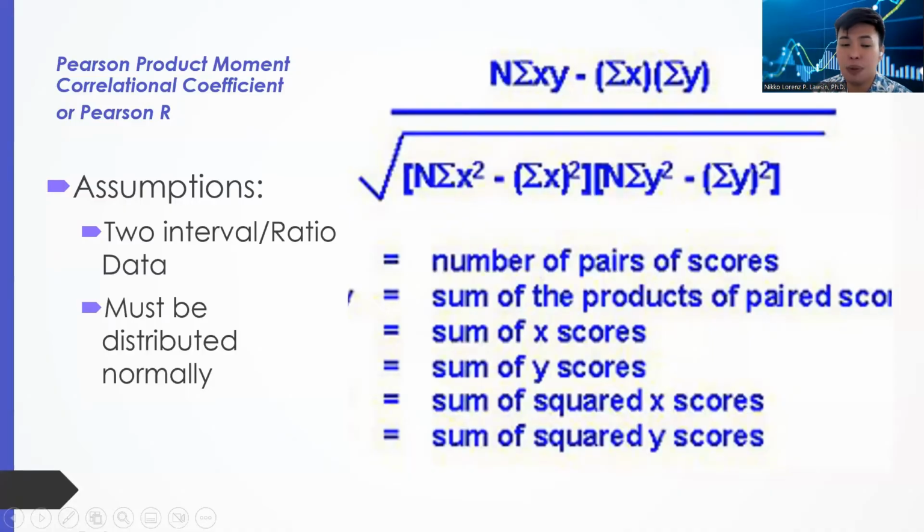Let's start first with the Pearson R. The complete name of Pearson R is Pearson Product Moment Correlation Coefficient, or simply Pearson R. It is composed of this long formula. You have summation of xy minus summation of x times summation of y, all over the square root of n summation of x squared minus summation of x, quantity squared, and n summation of y squared minus summation of y, quantity squared.